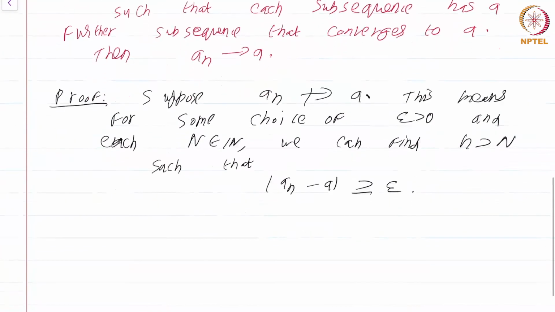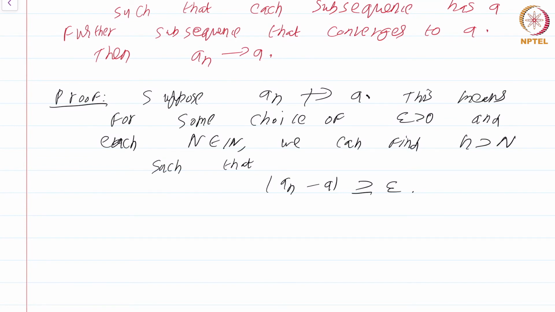What this is saying is, there is some epsilon that plays the role of an obstacle that cannot be surmounted. That means no matter what capital N you choose, that will not work in the definition of convergence for this particular choice of epsilon. That means mod a_n minus A will be greater than or equal to epsilon for some small n greater than capital N. Okay.